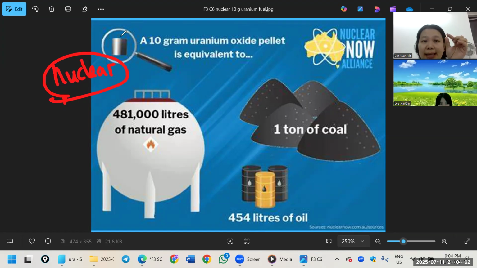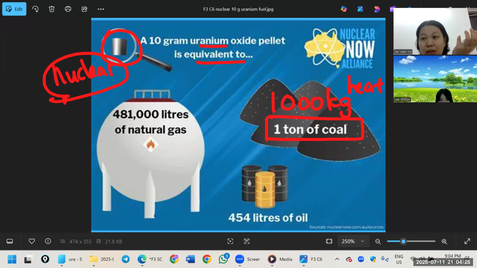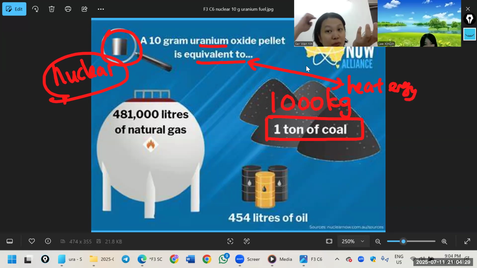Actually, 10 grams of uranium is equivalent to 1 ton of coal. 1 ton means 1,000 kg of coal. The heat energy you get from burning 1,000 kg of coal is the same as the heat energy released by 10 grams of uranium.